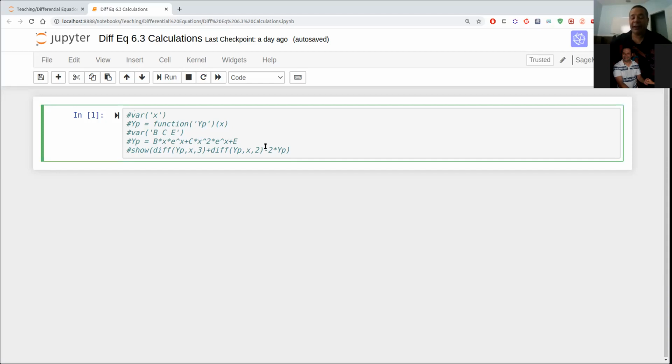The first thing that I did, I said, okay, I have to make a variable x. My particular solution is a function of x. B, C, and E, I'm just making those. Let me check real quick. Yep, C4, C5, and C6, so let's do that.